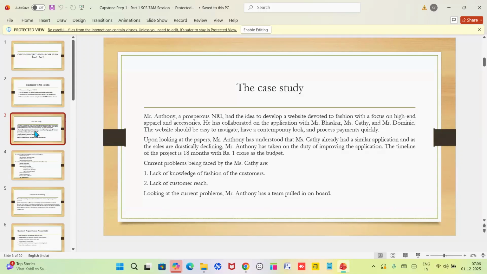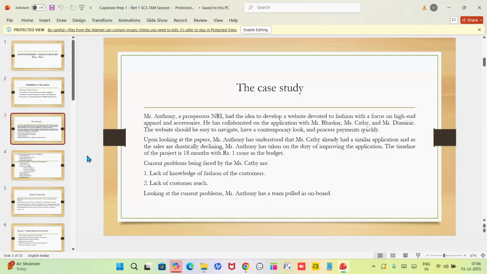He wants to take some suggestions from Miss Kathy, based on her experience, on how to develop his website. As per Mr. Anthony's requirements, he fixed a timeline of 18 months with a budget of 1 crore.